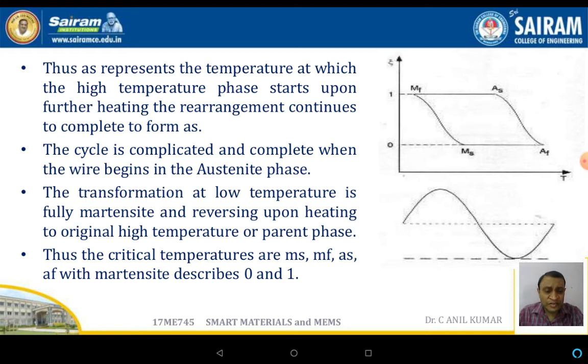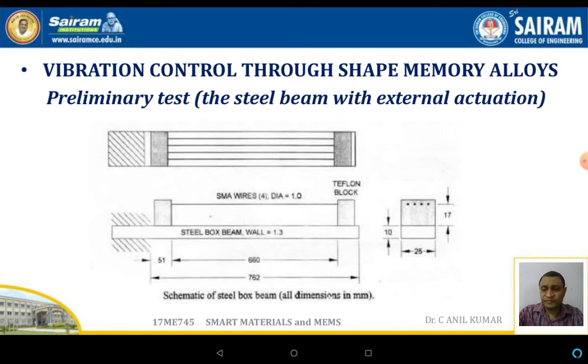The same thing is represented by a sinusoidal curve which varies from 0 to 1 and again comes to 0, then going negative and again to 0. This cycle can be repeated. For that reason, this material comes under the category of the shape memory effect.